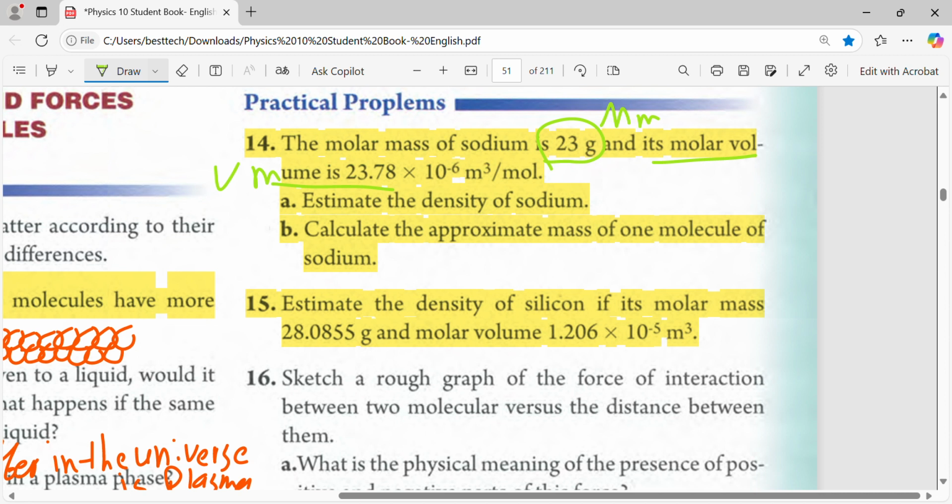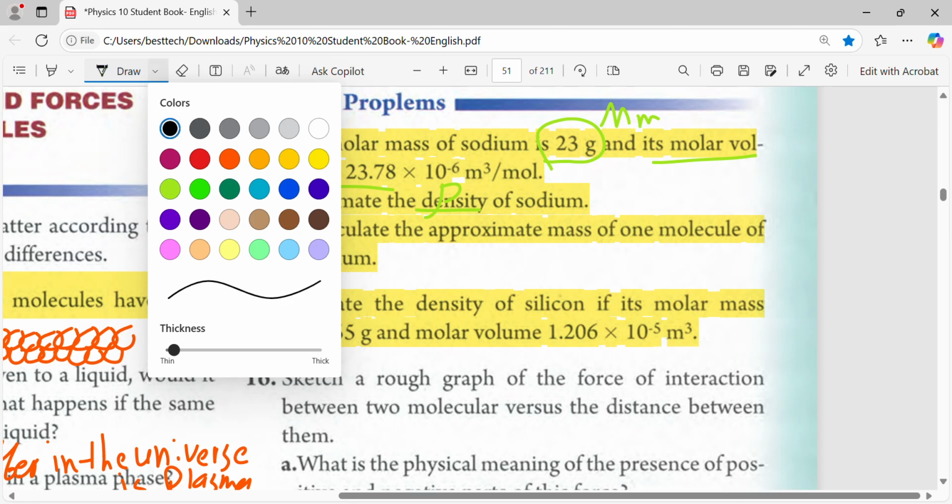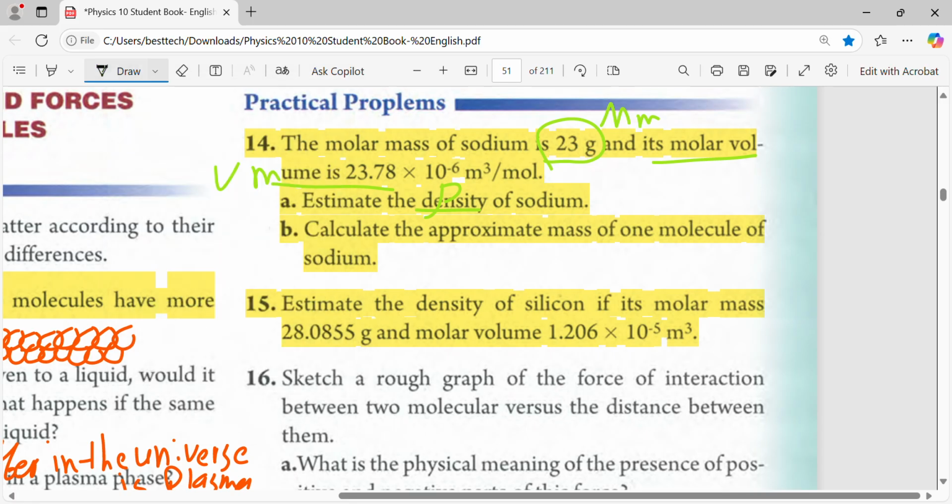So find the density, rho. We studied the rule: density equals molar mass over molar volume. We know the molar mass is 23.